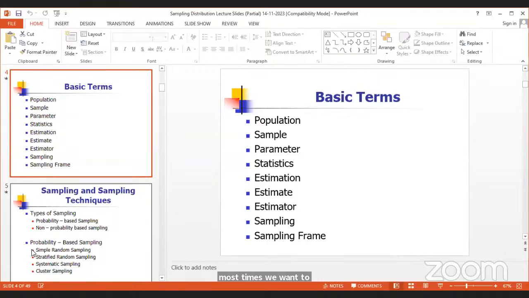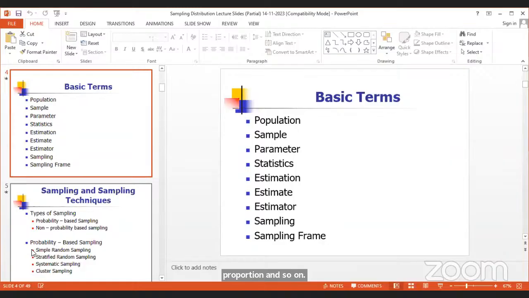That is, you use the sample to estimate the population parameter. So we defined parameter as a function of all the units in a population. So you can have population mean, population variance, population standard deviation, population proportion, and so on.